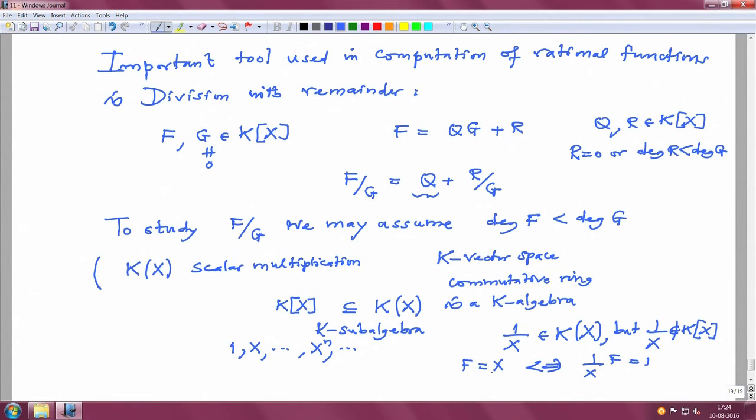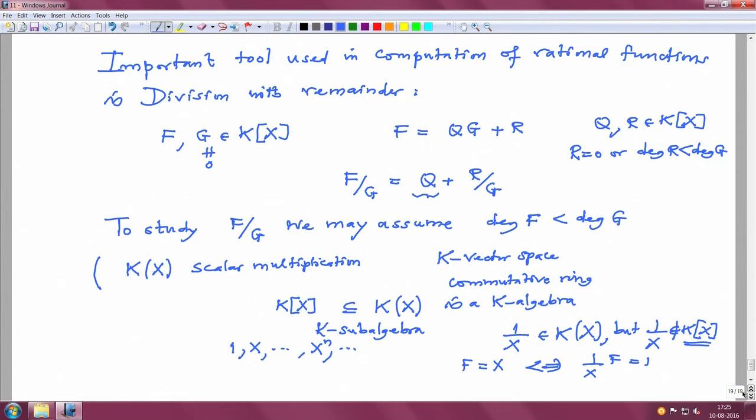x cannot have an inverse, because inverses, we have noted, can only have degree 0 by the degree formula, and this degree is 1. So this cannot have an inverse. So f will not be a polynomial, but it is a rational function. In the rational function field something better happens.